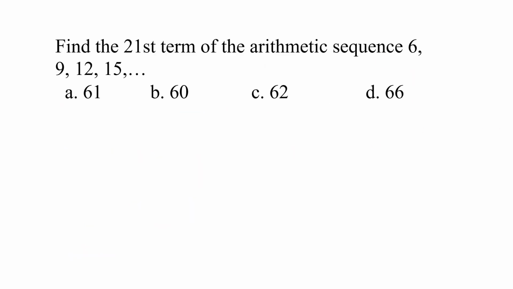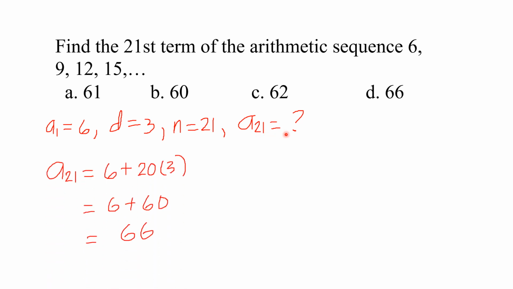Next problem. Find the 21st term of the arithmetic sequence 6, 9, 12, and 15. To find that, we identify again the given. a1 is 6. And then the common difference, that is 9 minus 6, is 3. We are asked to find the 21st term, so n is 21, and we're looking for the value of a_21. So the solution is this.